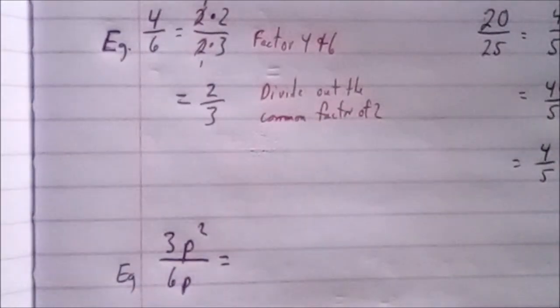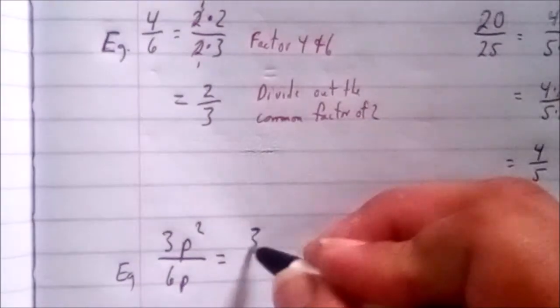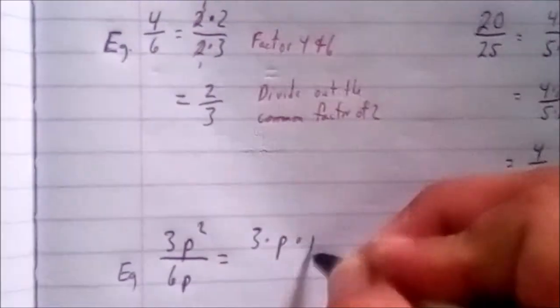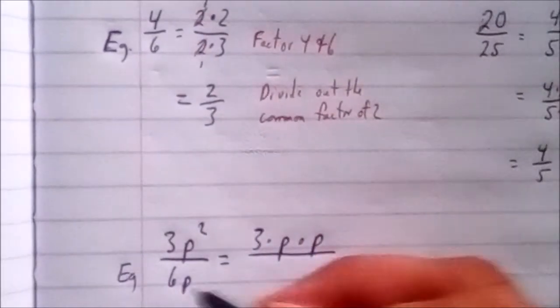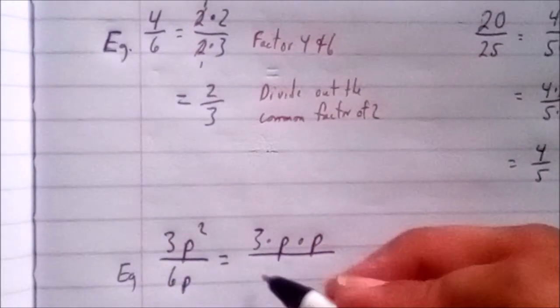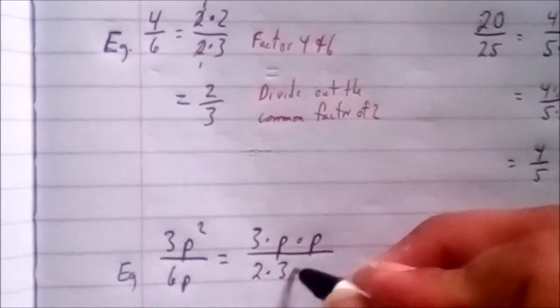Let's get the factors of p squared and 6. At the top we end up with 3 times p times p, and the bottom will be 2 times 3 times p.